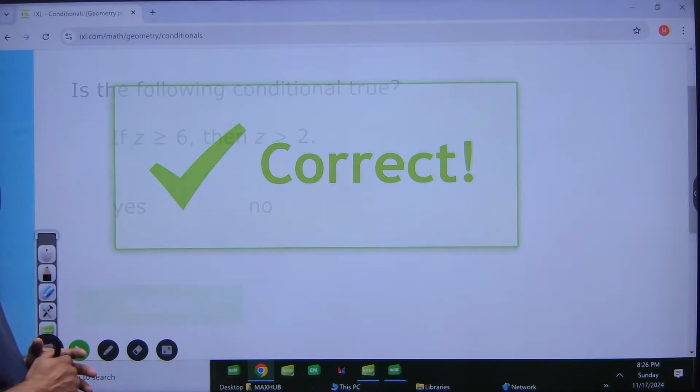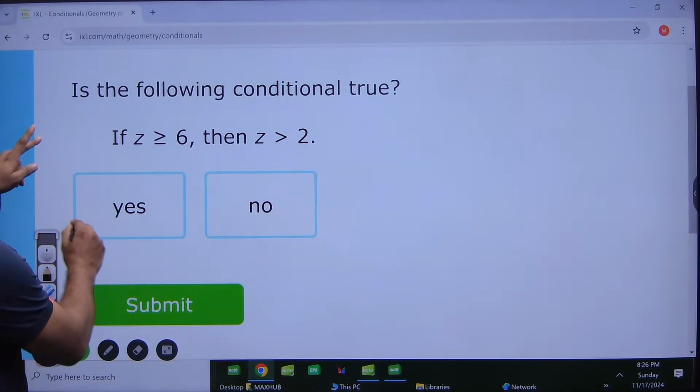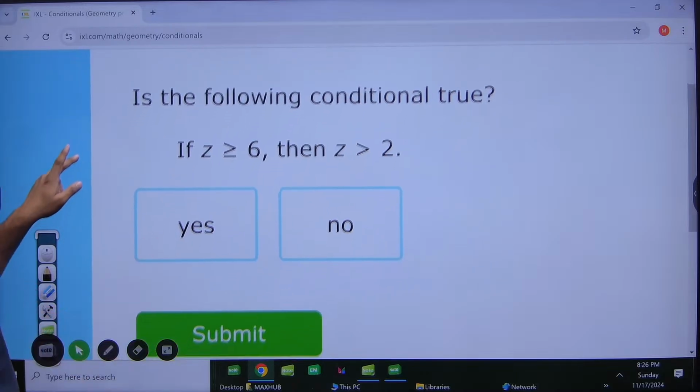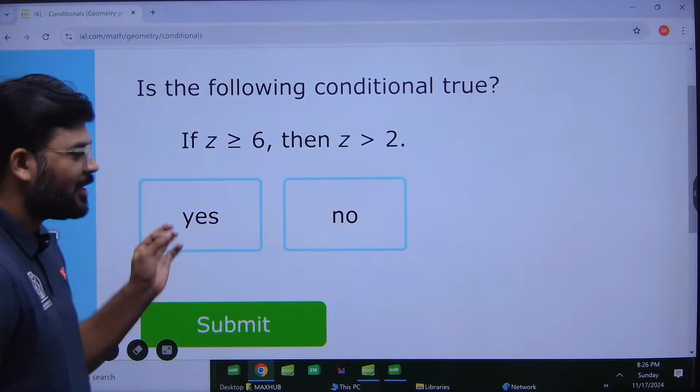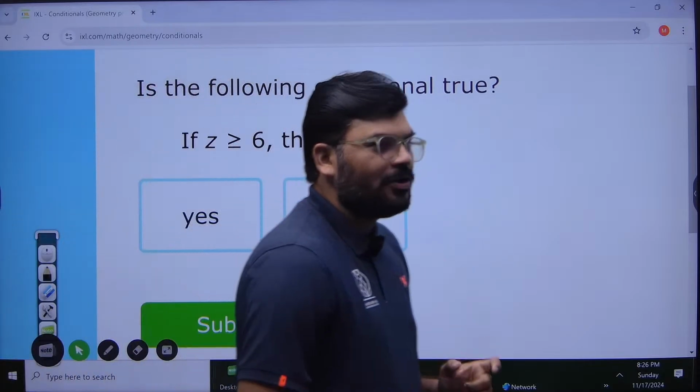Right. Tell me, is the following condition true? Please try to understand the logic and then tell me your answer.